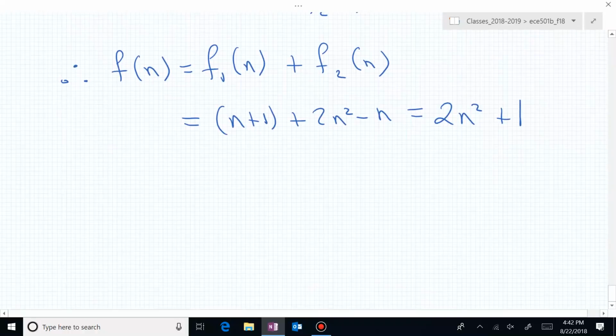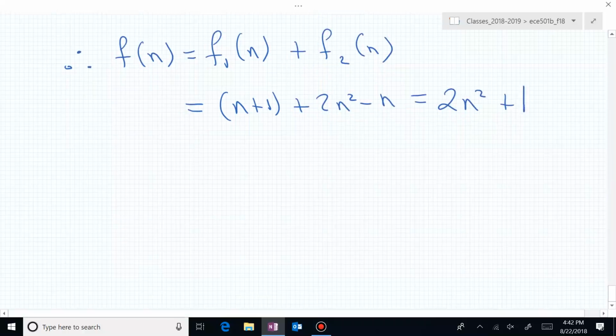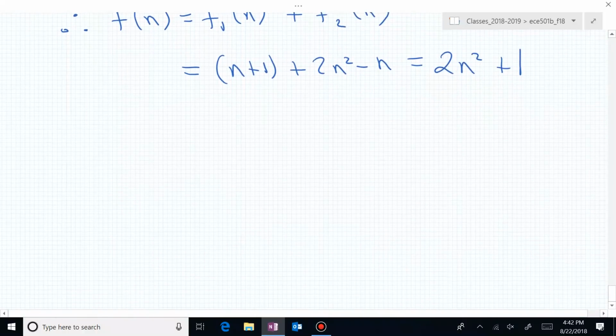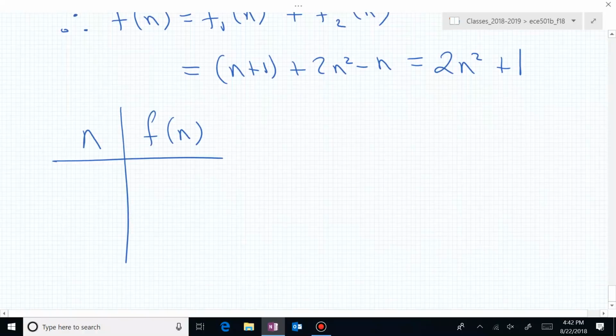Since it's a vector space, it has to be closed under addition. So however we linearly combine any of these vectors in the underlying vector space, we have to be able to get the result ending up in the vector space. Or if you wanted to think about that another way, you could say, let's just chart this out. What happens when we now plug 0 in for f of n?